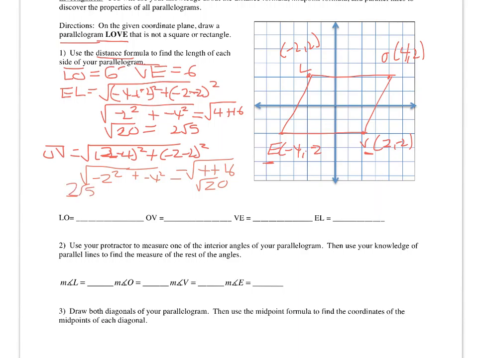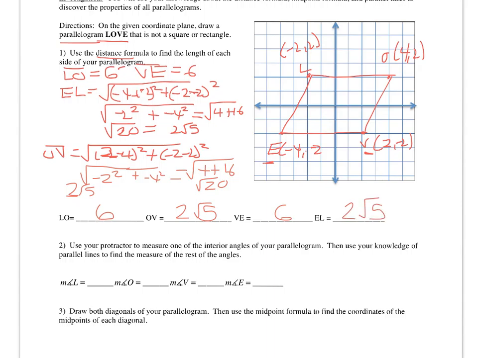So let's put down our sides. LO, we said was 6. OV, we say is 2 radical 5. VE is 6. EL, 2 radical 5.